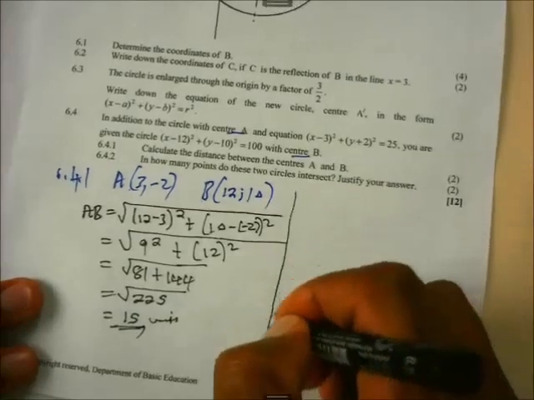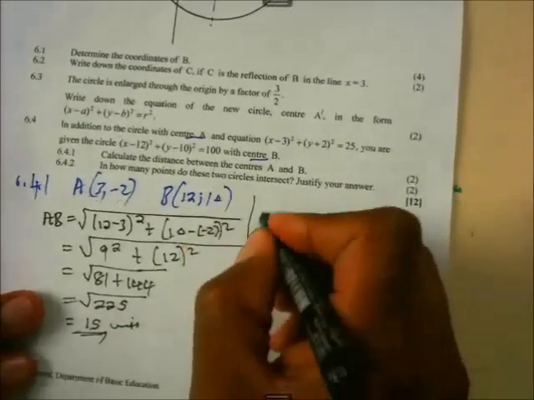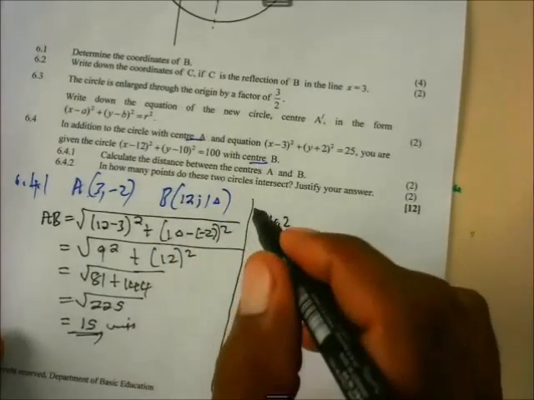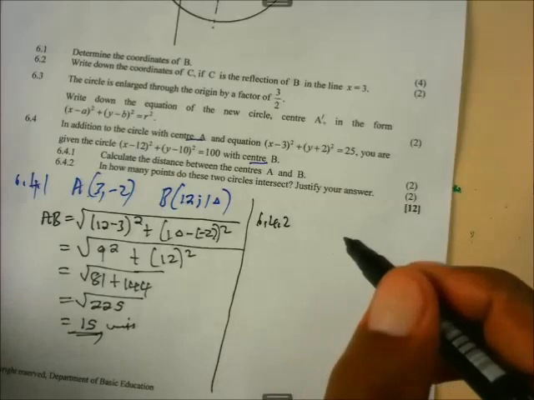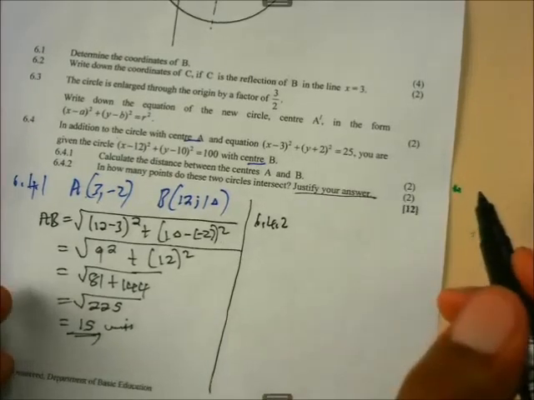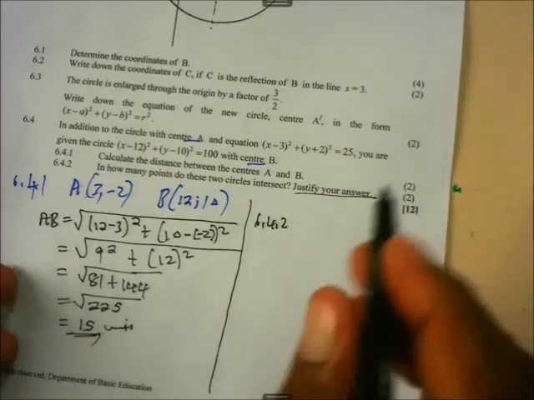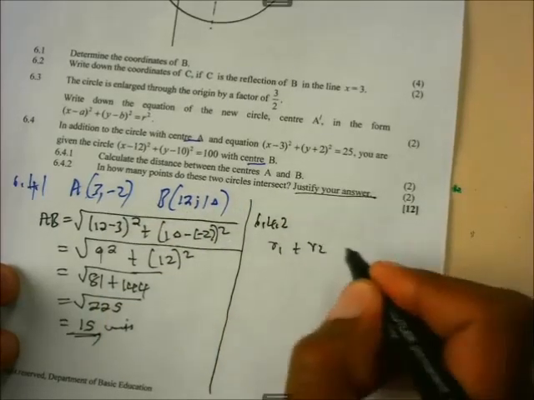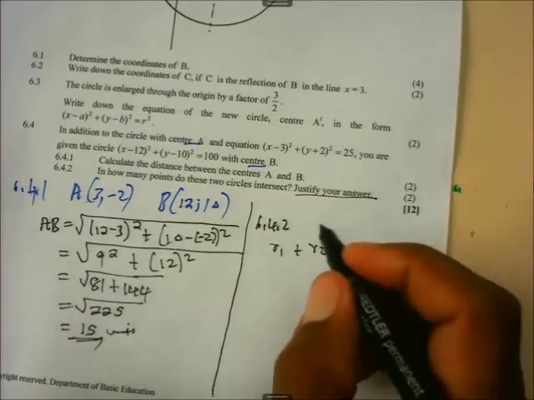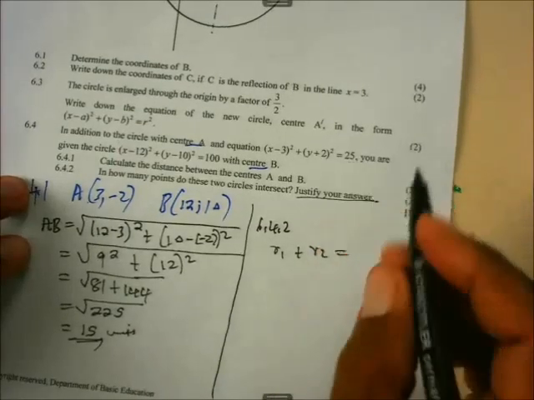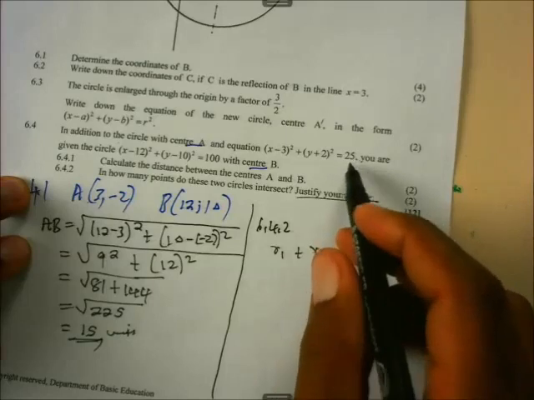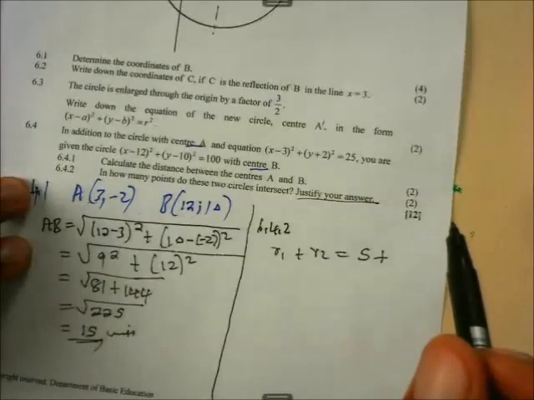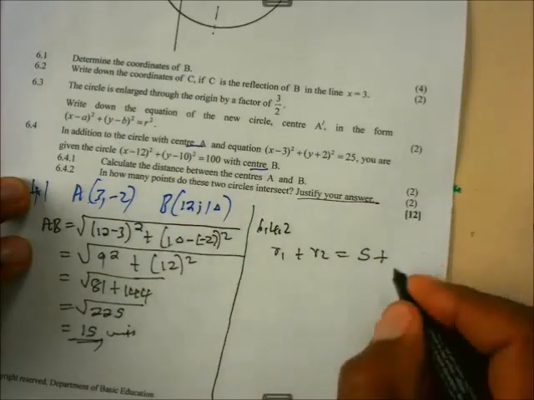Now let us look at 6.4.2. It says, in how many points do these two circles intersect? Now we need to justify our answers. Of course, you remember we need to take R1 plus R2 to see what the answer is. R1, we agree that it will be 5, because the square root of 25 is 5, plus R2, which is the square root of 100, is 10.